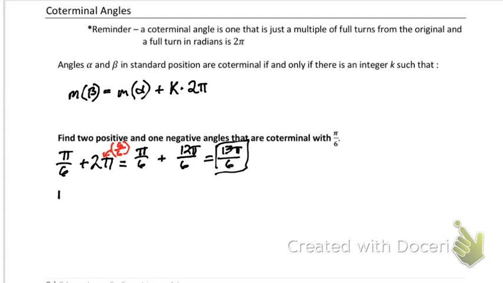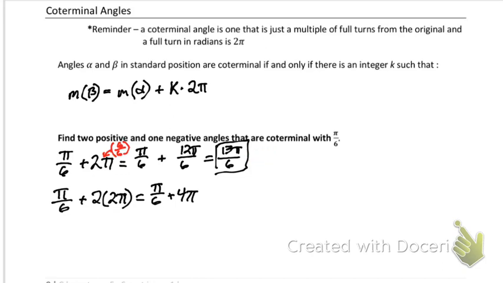All right, a way to get my next positive angle is take pi over 6, and I'm going to add 2 pi's, which is actually pi over 6 plus 4 pi. Alternatively, you could have just added 2 pi to that answer up there. That would have got you the same answer.